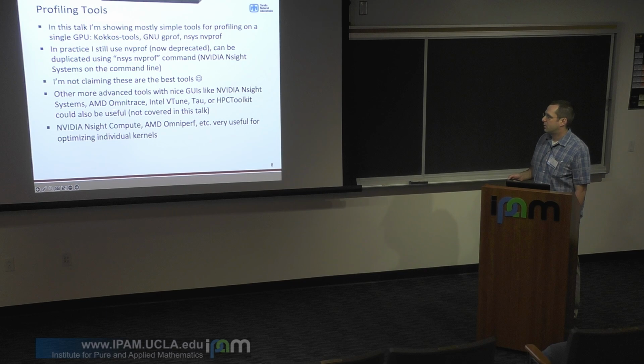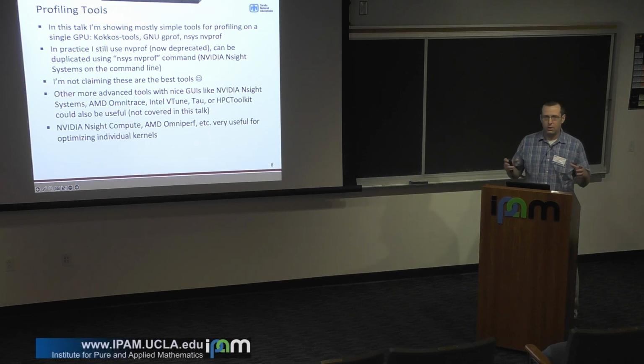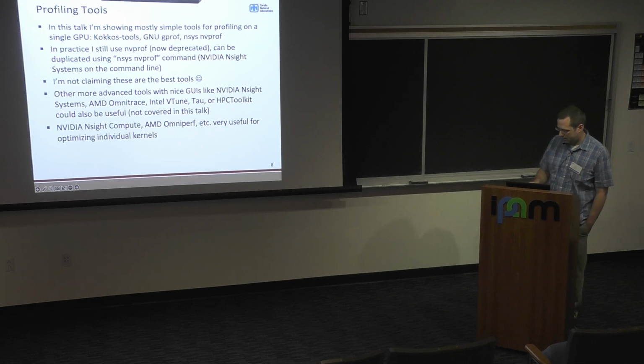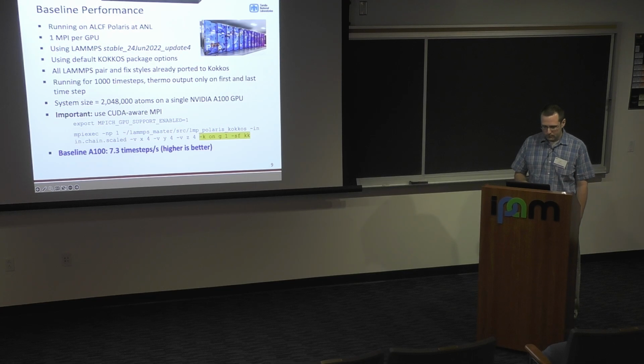Systems is really for profiling the whole application, looking at all the kernels, whereas Insight Compute and the corresponding AMD Omnitrace are useful for diving into a single kernel, looking at the limiters, and trying to optimize a single kernel. And Evan Weinberg in the next talk will actually talk a little bit more about these Insight tools.